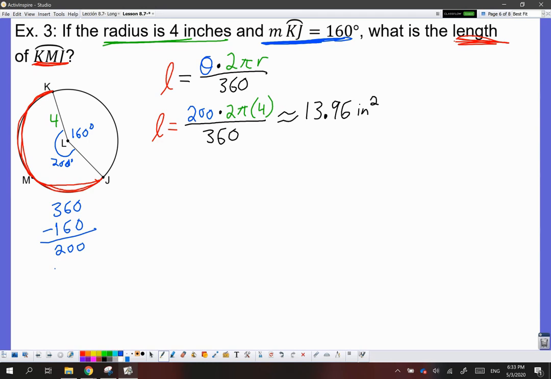Now it's a little bit trickier because now I have multiple things that I'm multiplying up here. I have the 200, the 2, and the 4 that I need to multiply. So to reduce this fraction, I'm only going to choose one of these numbers and use that to reduce it along with the bottom part, the denominator.